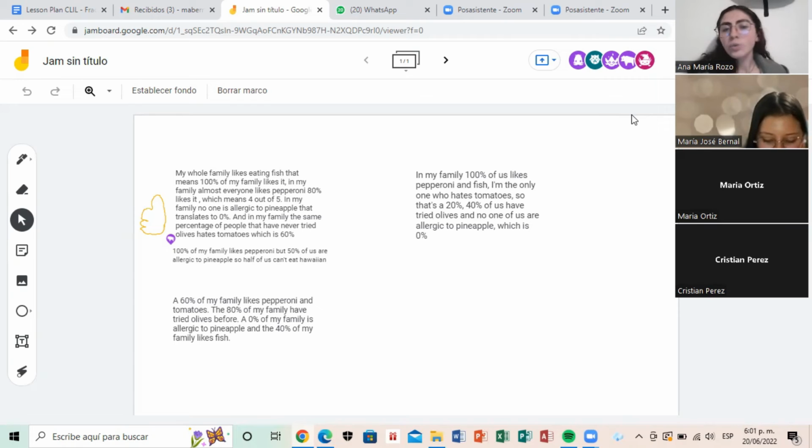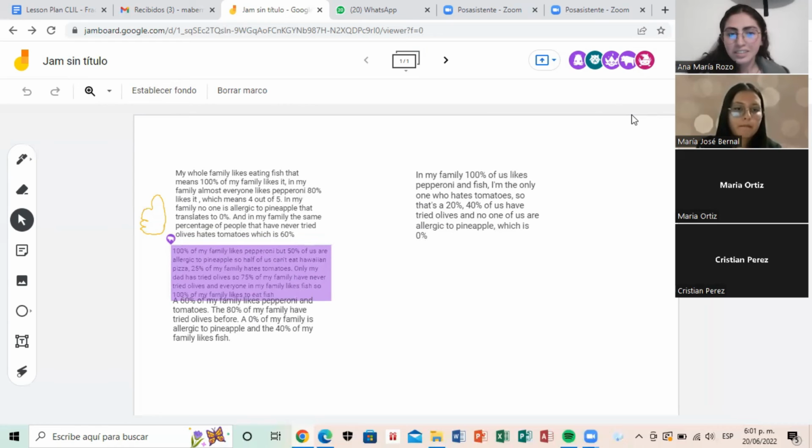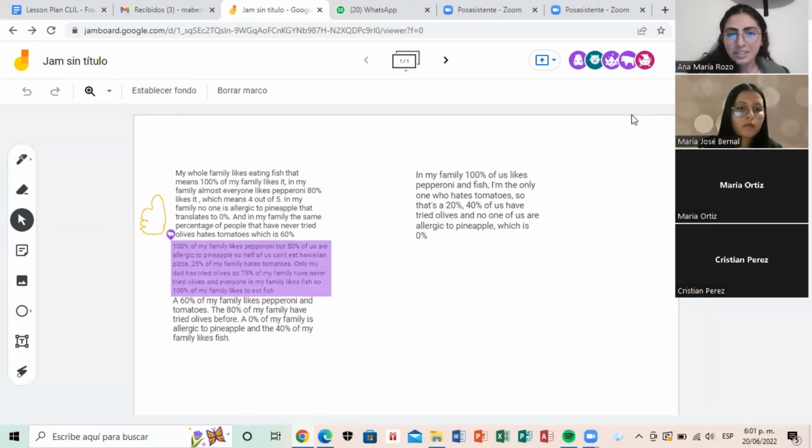But towards the end of the paragraph, the final phrase: in my family, the same percentage of people that have never tried olives. Maybe the use of have never tried.